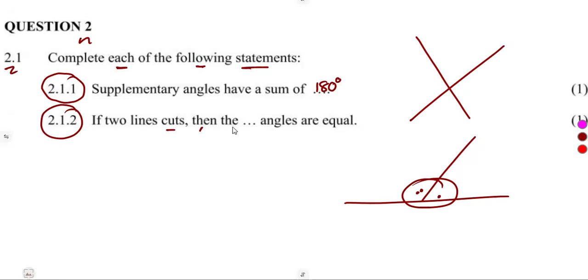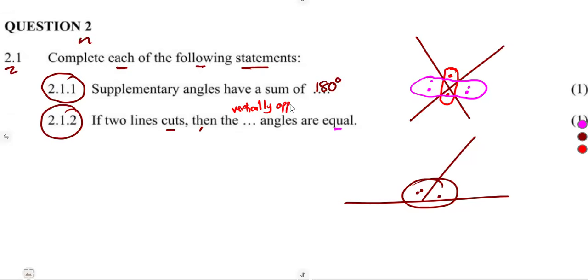then the what angles are equal? What type of angles are formed when two lines cut like this? Two straight lines. These are referred to as what? Vertically opposite angles. And we do understand that they are equal. So here it is supposed to be what? The vertically opposite angles.